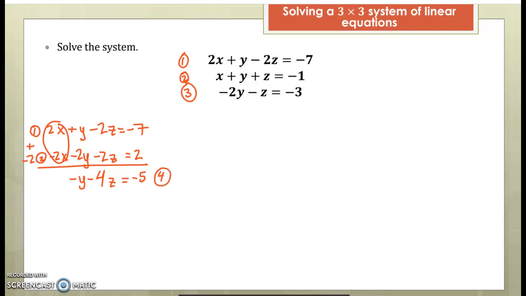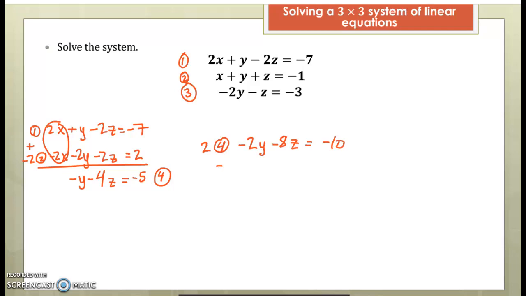And now equation 3 and 4 have y and z in them. So can I eliminate another variable? If I take 2 times equation 4, that's going to be negative 2y minus 8z equals negative 10.